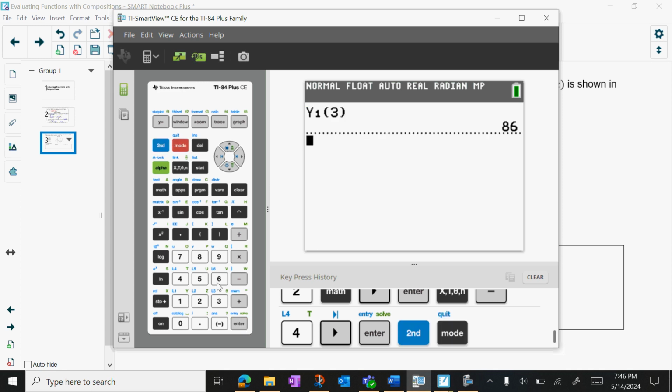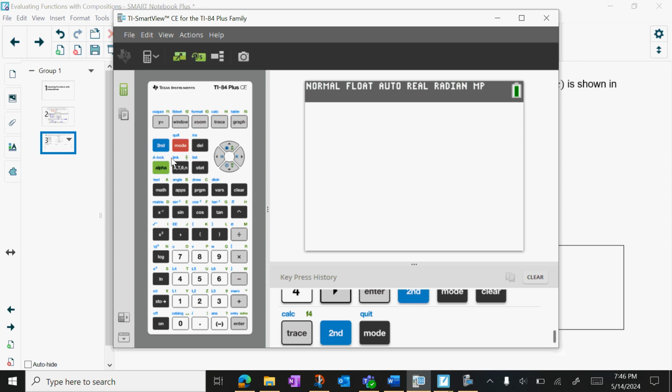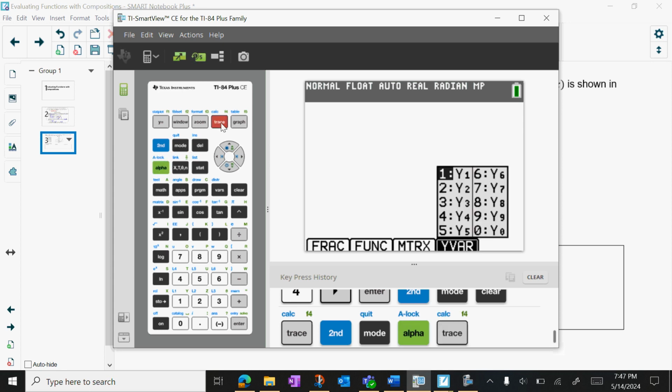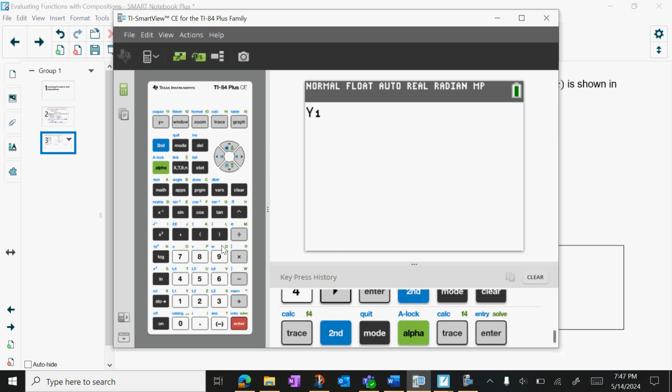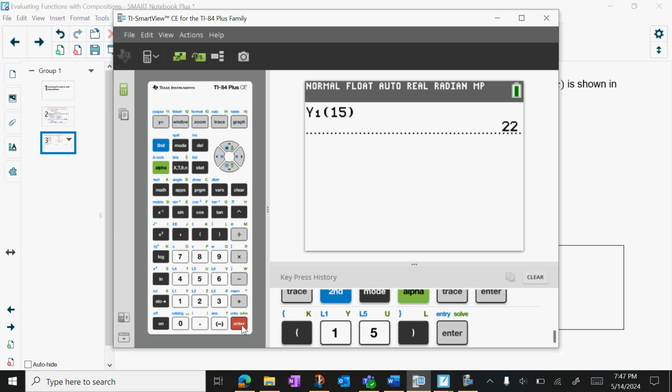I'm going to exit out, go back to the main screen. Now I'm going to hit alpha trace. Oops, that's not correct. Let me get out of this again. I'm going to do alpha trace y1, open up parentheses, and I'm evaluating at 15. Hit enter. And I get 22.